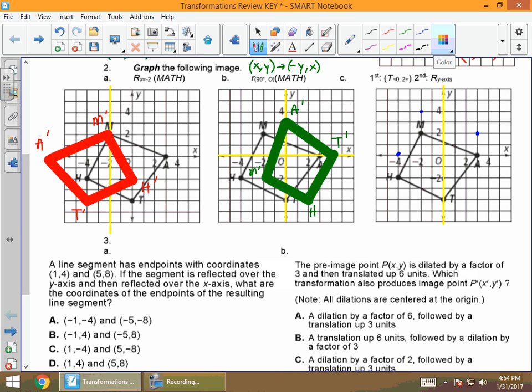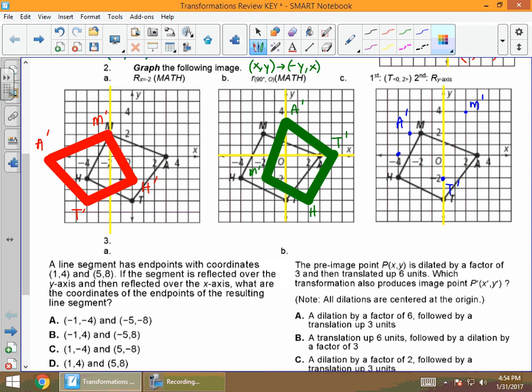So let's do my new M. So M is 2 units to the left. So I'm going to move it 2 units to the right. This is now M. A is 3 units to the right. So it's going to go 3 units to the left. That's where A will be. T is right on the line, so it's going to stay right on the line.